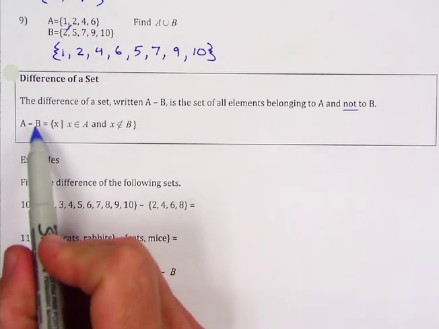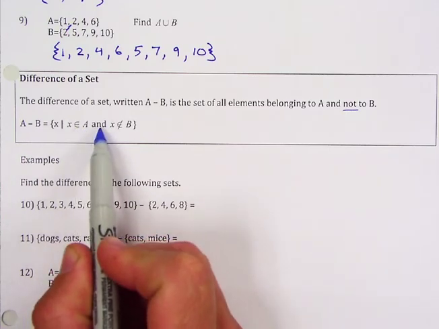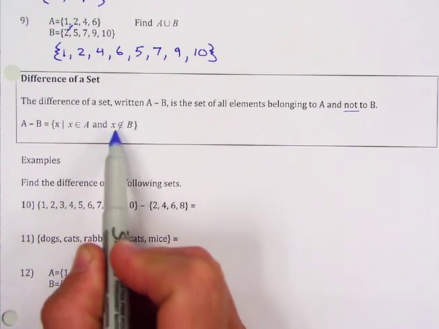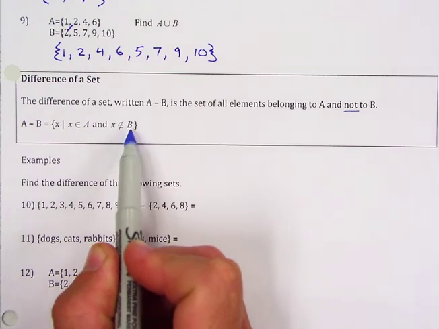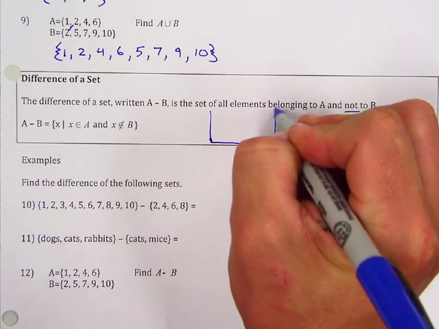So we have A minus B, so it's every element in A, and those x's, those elements, cannot be in B. Okay, so let's see what that Venn diagram is going to look like here.